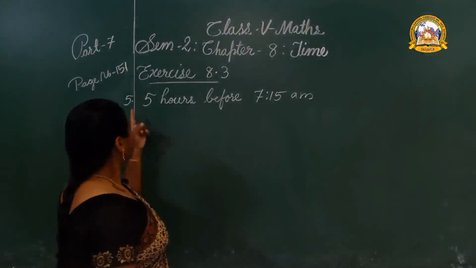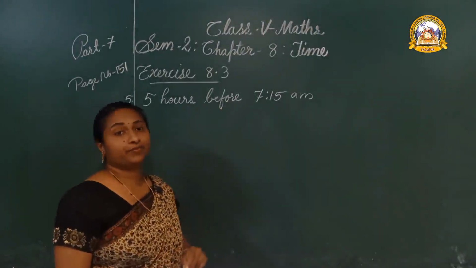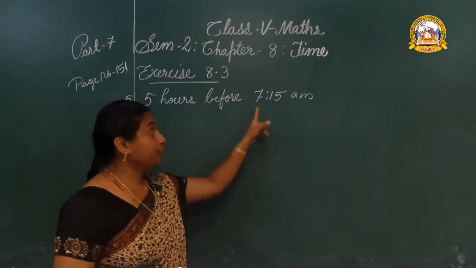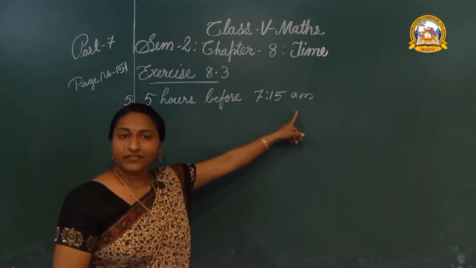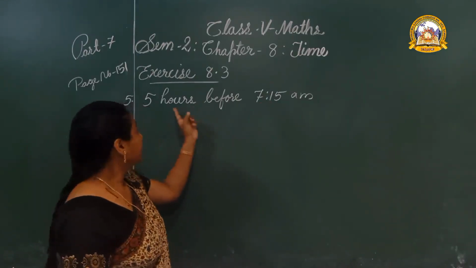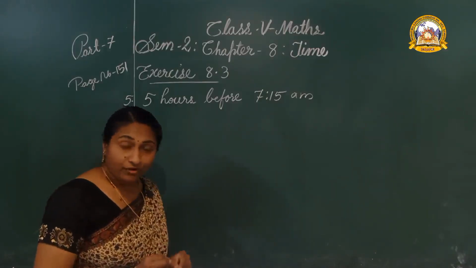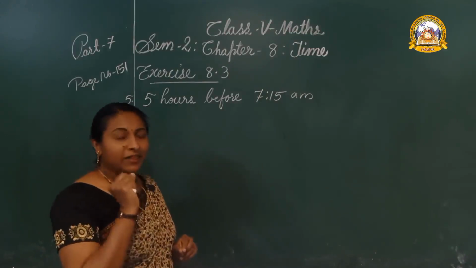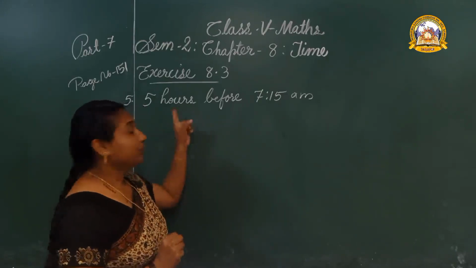Okay children, next fifth one, 5 hours before 8:15 AM. 5 hours before means up to 7:15 AM. It is the finishing time, and duration 5 hours. Here we have to find the starting time. Starting time is equal to finishing time minus duration.